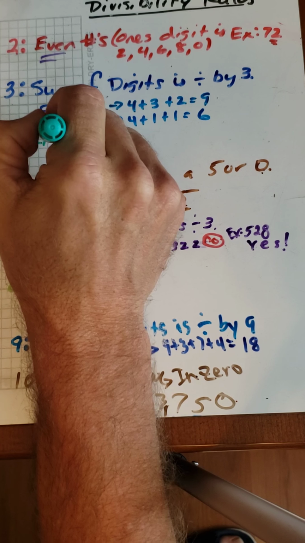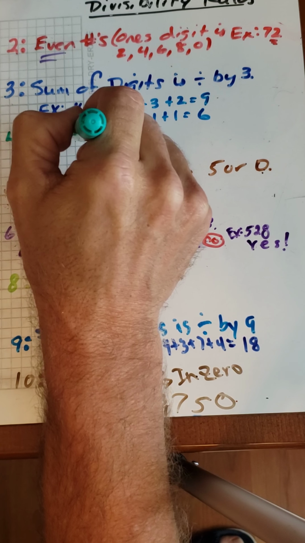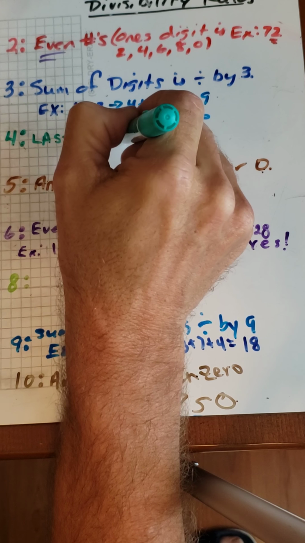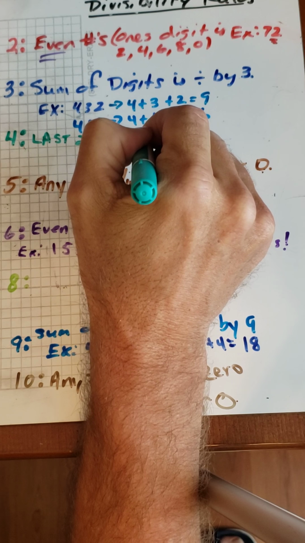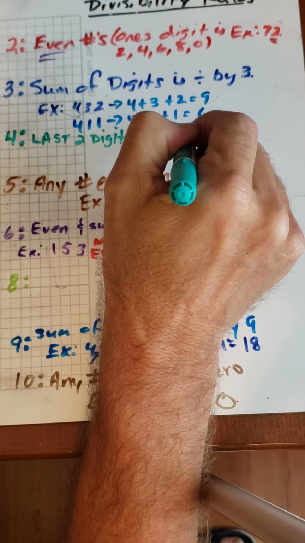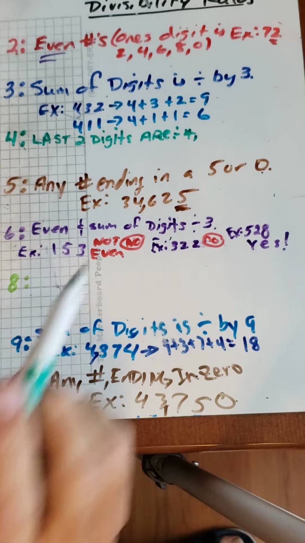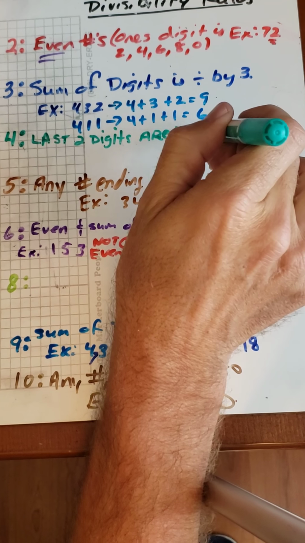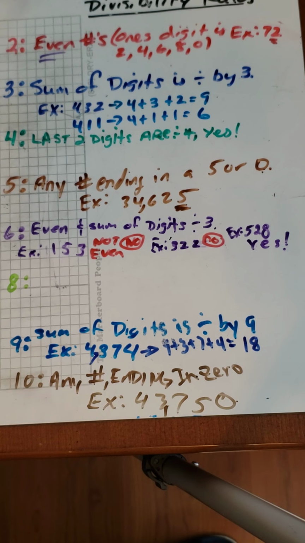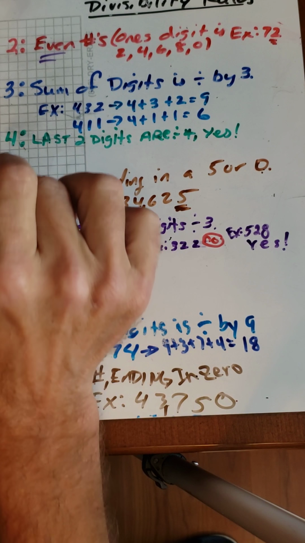If the last 2 digits are divisible by 4, then that means the whole thing, okay? So if the last two digits are divisible by 4, then the whole number is divisible by 4. So let me do an example for this one.